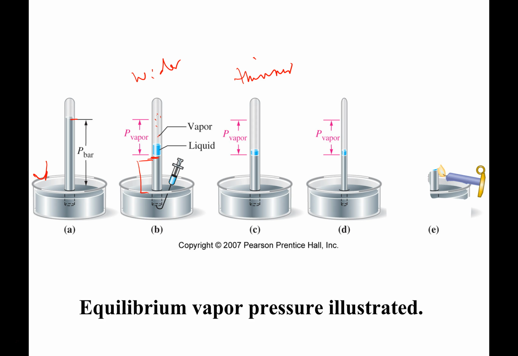In this one, I am going to heat up my system. I'm going to heat up the liquid. What should happen to the gas particles if I heat them up with regard to pressure? It will increase. Yep. So that's why this one looks as it does. The pressure of the gas inside increases.